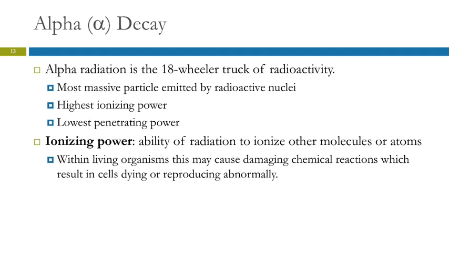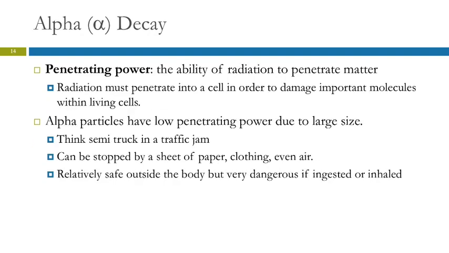He just has to sit there and wait. He can't just change lanes and zip around. So very low penetrating power. But when it does get to a living organism, it causes a lot of damage. So low penetrating power, high ionization power. Penetrating power is defined as the ability of radiation to penetrate matter.